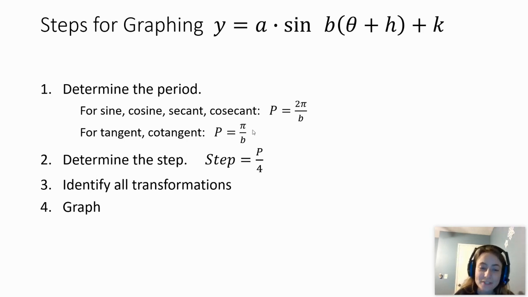And then we're going to determine the step. Now you may wonder what is the step? And step is going to be that period over 4.